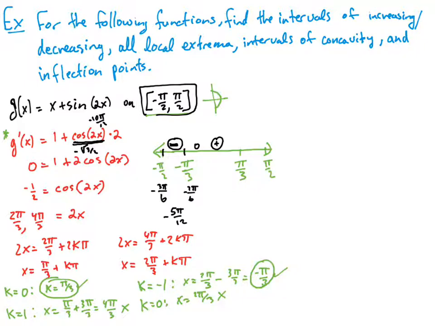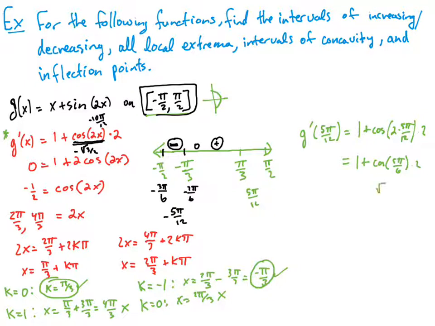Okay, and then similar idea, we want a value between pi over 3 and pi over 2. Well, 5 pi over 12 is going to work here. So we want to substitute that into the function, and I'll do this off to the side just to have some more room here. So 1 plus cosine 2 times 5 pi over 12 times 2. 1 plus, again, cosine of 10 pi over 12 is cosine of 5 pi over 6 times 2.